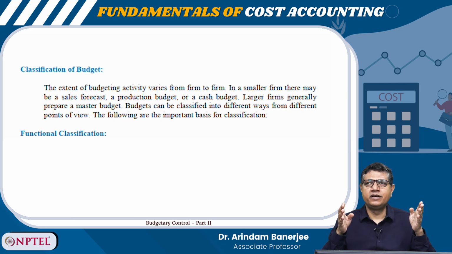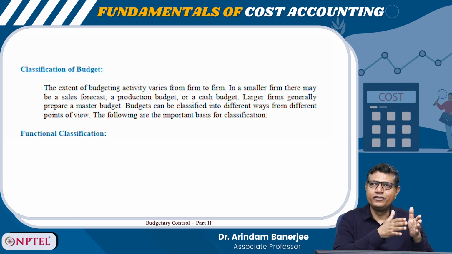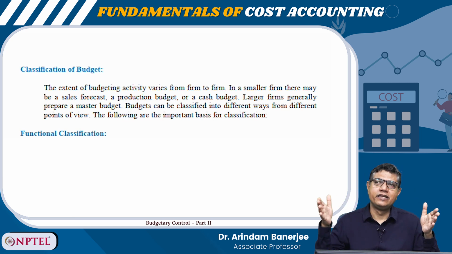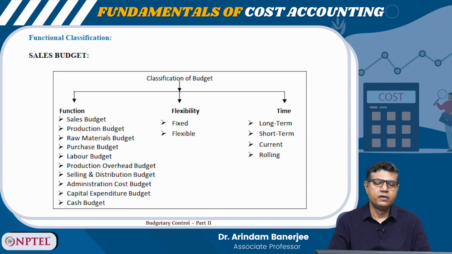So usually companies prepare the budget for a year, then divide it into half year, quarterly and monthly, and on that basis they set the targets: monthly, quarterly, half yearly and yearly targets. But the most popular way of classification is based on function.